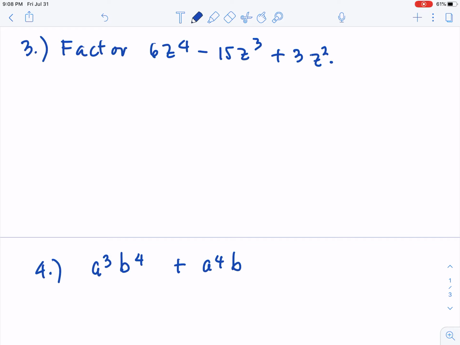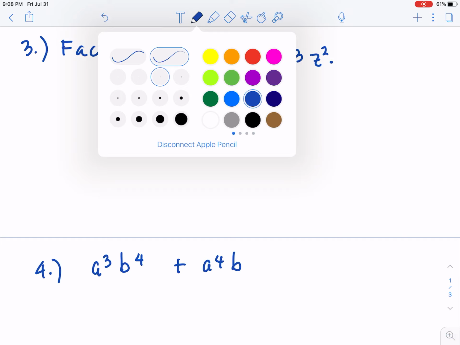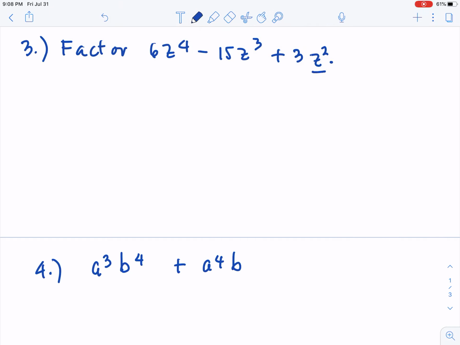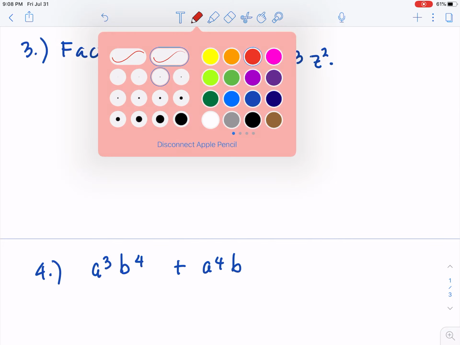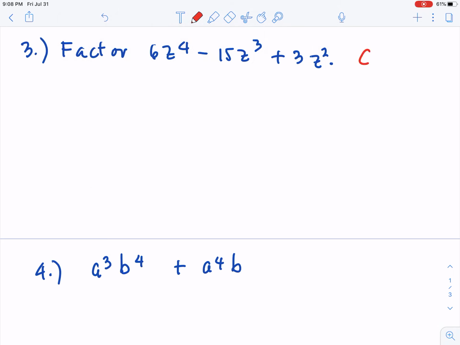Pag may variable ka na may exponent, yung GCF niya, yung pinakamaliit na exponent. Okay? Yung greatest common factor. So, the GCF of 6, 15, and 3 ay 3, di ba?